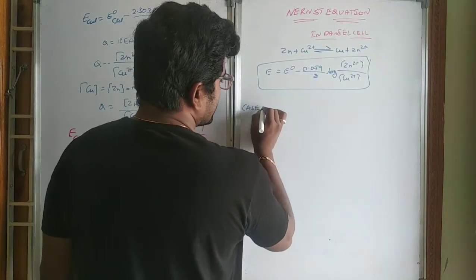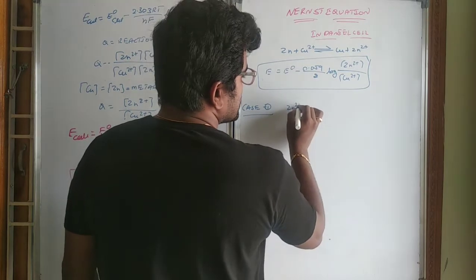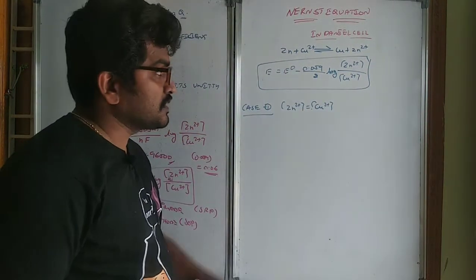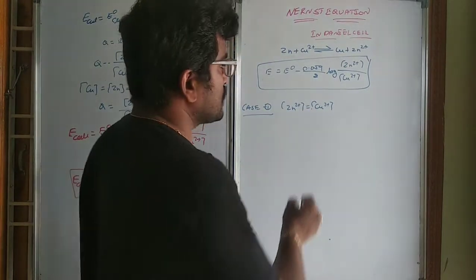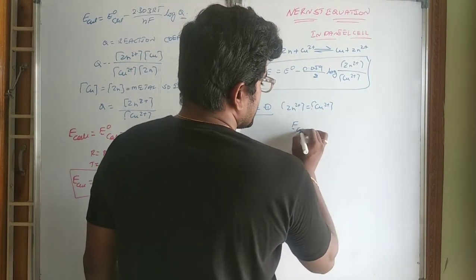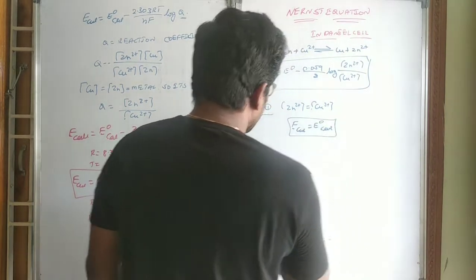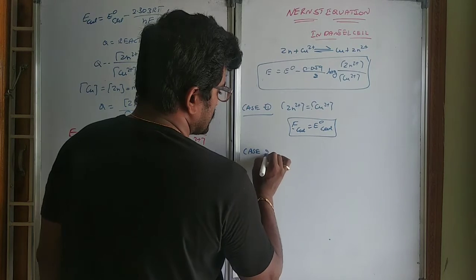Case 1. If zinc concentration is equals to copper concentration, E cell is equals to E naught cell. Case 2.